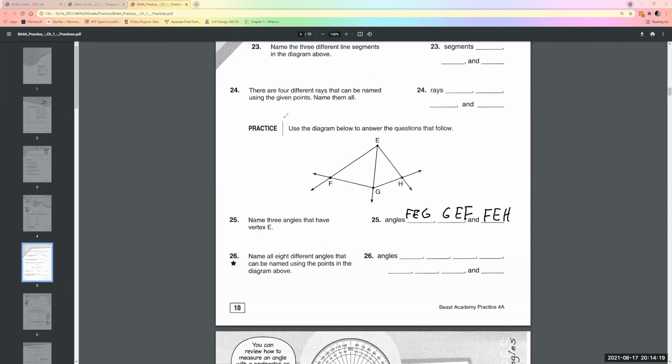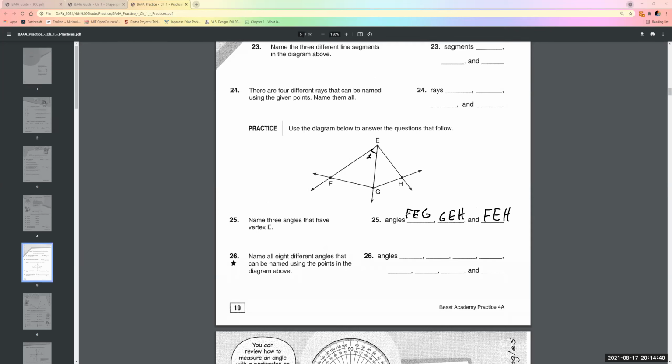And then there's one more. So the first one that we named was this one, GEH. Does everyone see that?